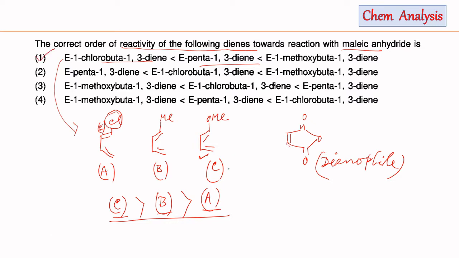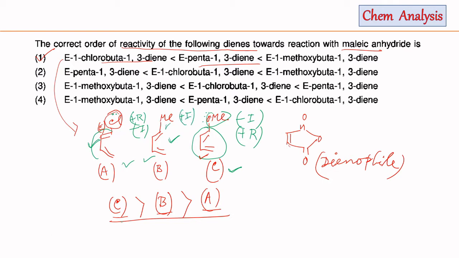Let me tell you why diene C is the most electron rich. Here the OMe group will show -I effect, but it will also show +R effect, and since +R is greater than -I, due to the +R effect the diene will be more electron rich in comparison to A and B. In case of A, the lone pair of chlorine will also show +R effect, but the -I of halogen is stronger than +R, so it will be less electron rich than B, since here methyl will show +I effect and there is no electron withdrawing effect.